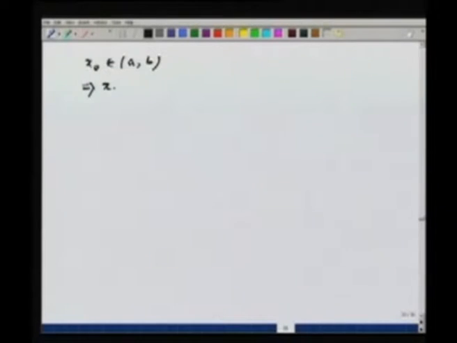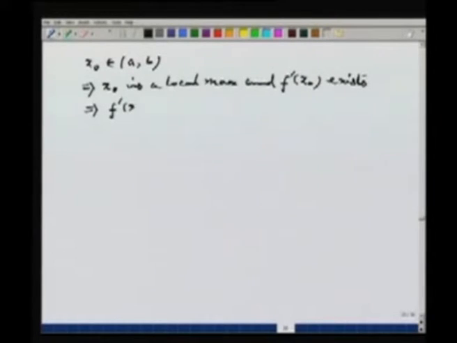This certainly implies that x naught is a local maximum, and I also know f is differentiable at x naught, that is f prime at x naught exists. This implies by the previous result that f prime at x naught is 0.